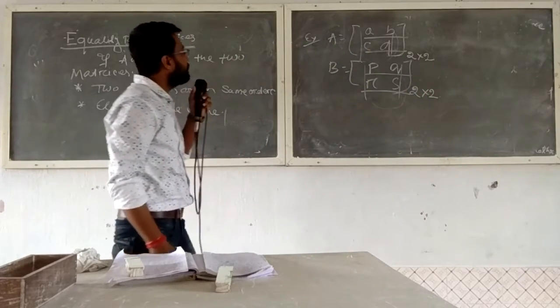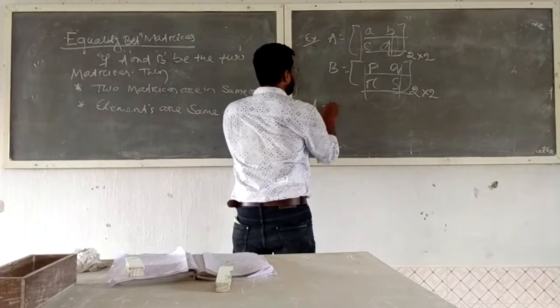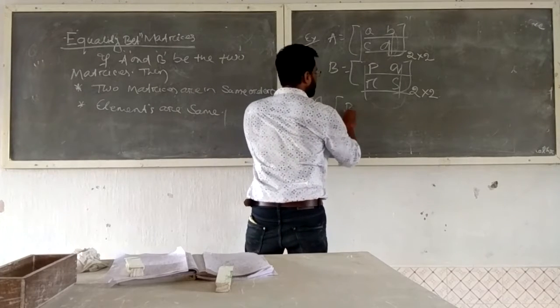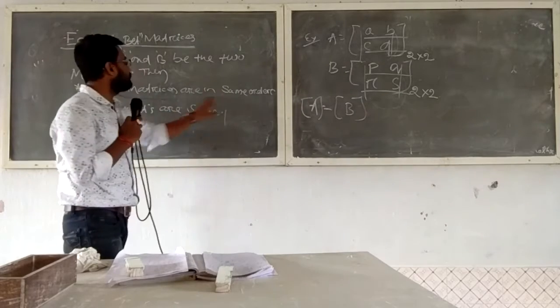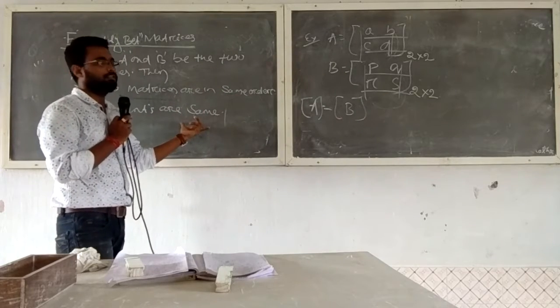The condition of equality is that A matrix equals B matrix if they have the same order and the elements are also the same.